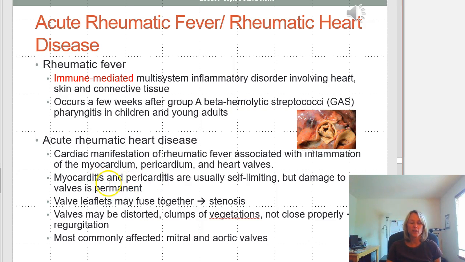Now the myocarditis and pericarditis usually go away, but we get damage to the heart valves that is permanent, and that's rheumatic heart disease. So these valve leaflets can fuse together and cause stenosis, or the valves can get distorted. There can be vegetations on the valve, so they do not close properly, and that can cause regurgitation. Once again, the most commonly affected heart valves are on the left side, the mitral and the aortic valves.